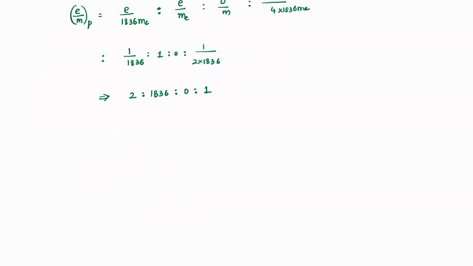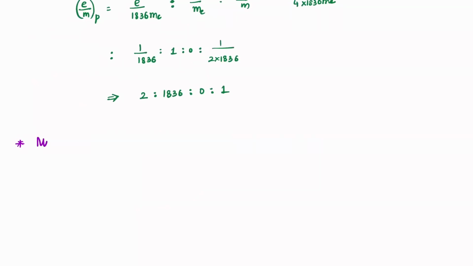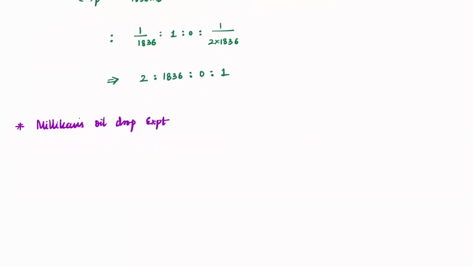Okay. Next, we learned something called Millikan's oil drop experiment, which suggests that we can absolutely figure out what is the mass of electron and proton. The mass of electron was found out to be 9.1 into 10 raised to the power of minus 31 kgs.